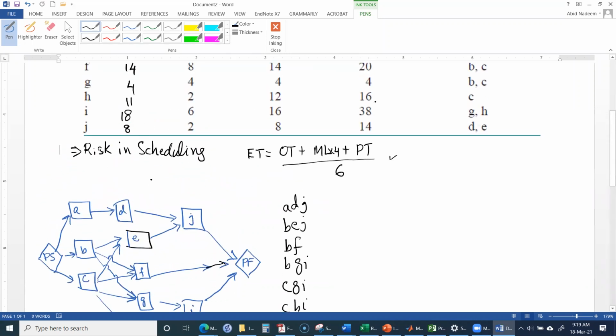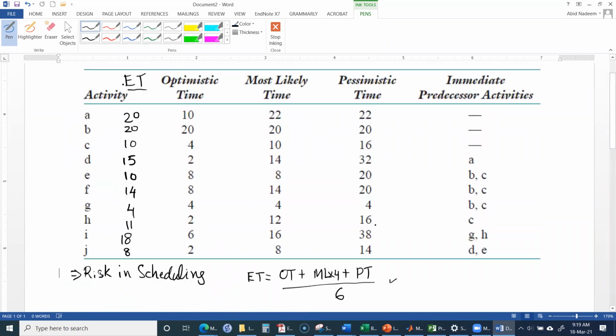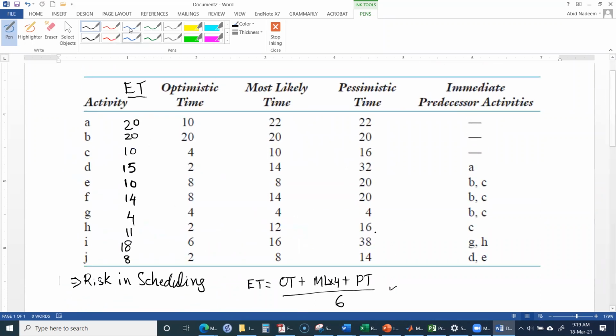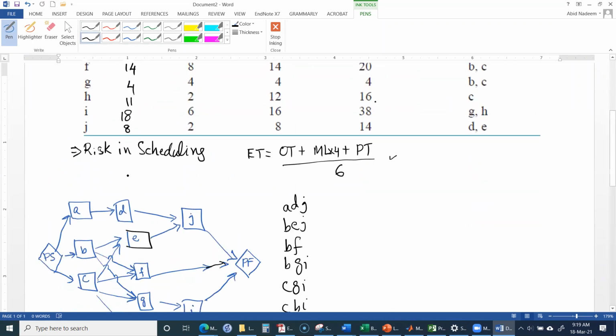So for this, I can write the durations. A is 20 days expected duration, B is 20 days expected duration.